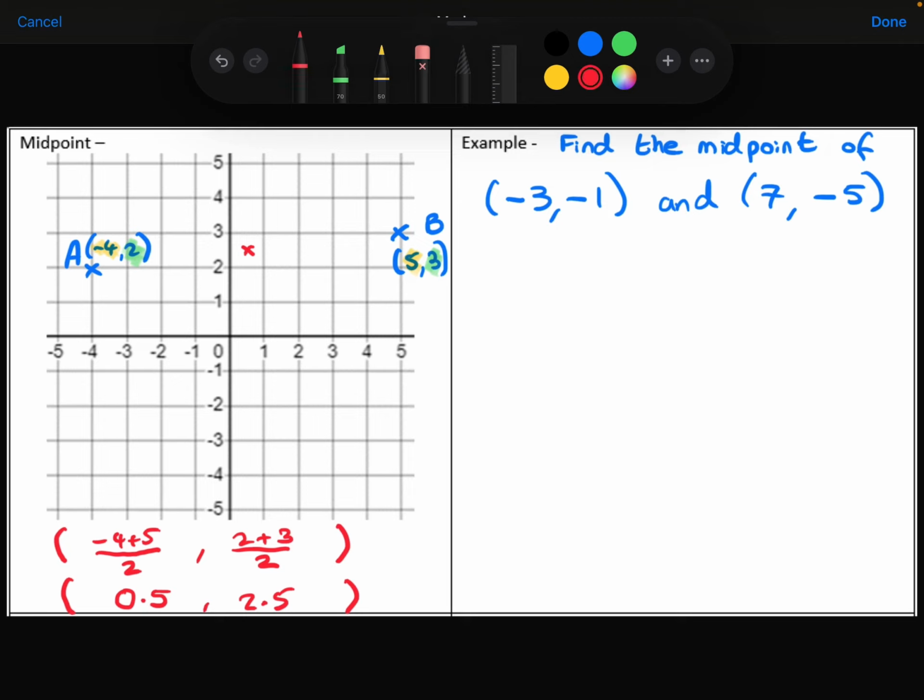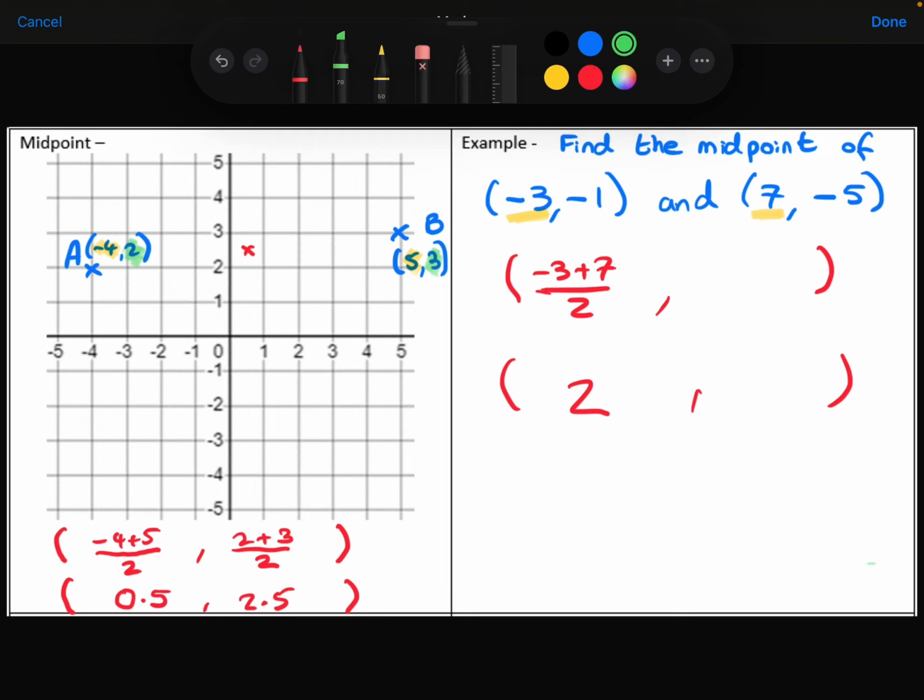Another little example here. So again, if I want to find the midpoint of -3, -1 and 7, -5, I'm going to add the x coordinates together and divide it by 2. So -3 plus 7 is 4. 4 divided by 2 is 2.